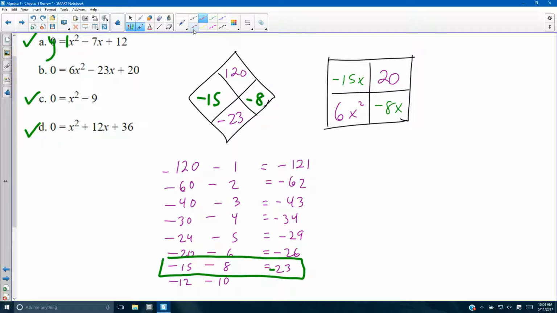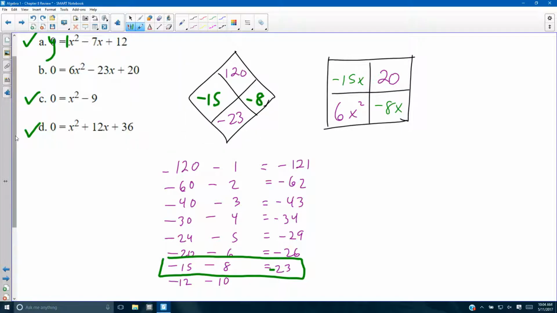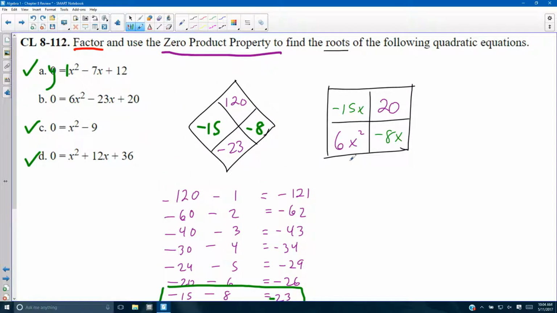Here's the next set. Remember when we list the factors out here, we're trying to come up with two numbers that multiply to 6x squared, and then you've got to multiply these ones out as well. So let's see, 6x squared, you could do 6x times 1x, right? And 1x times negative 15 is negative 15x. But 6x times what gives us negative 8x?